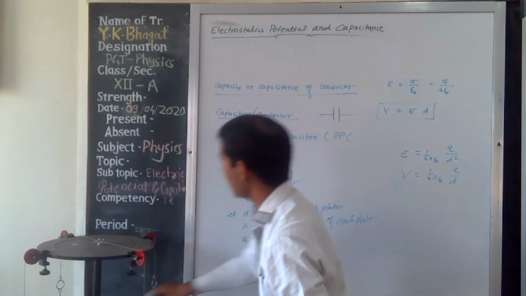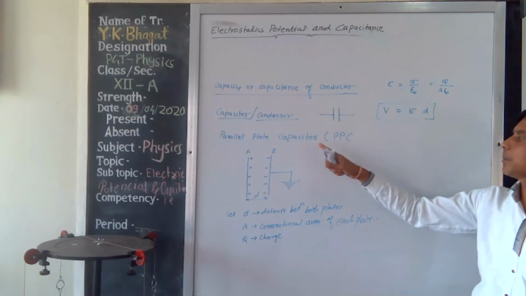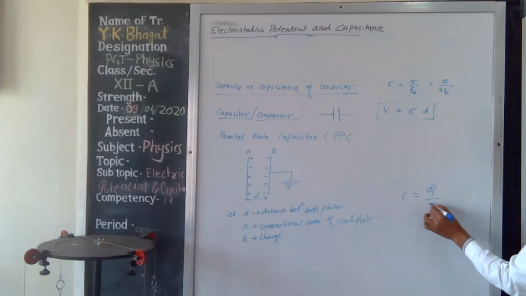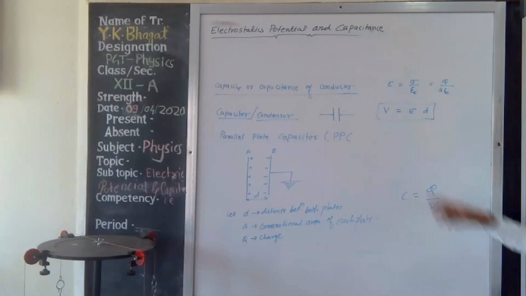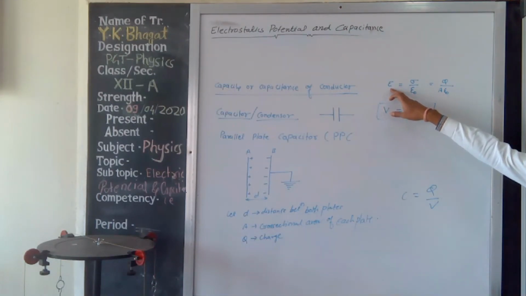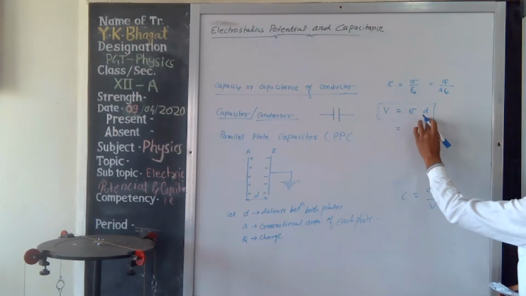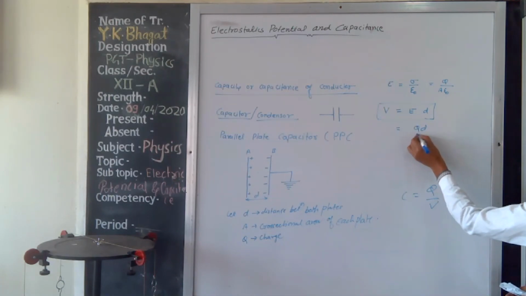Our target is to find the capacity of that parallel plate capacitor, and we know that capacity has only one formula, C equal to Q by V, which means we need to find the value of V. The value of V depends on E and D. So V equal to ED, and by putting the value of E, it will be QD upon A epsilon naught.